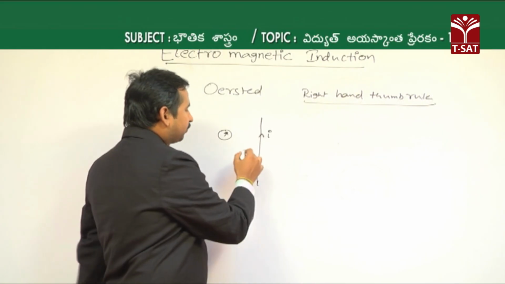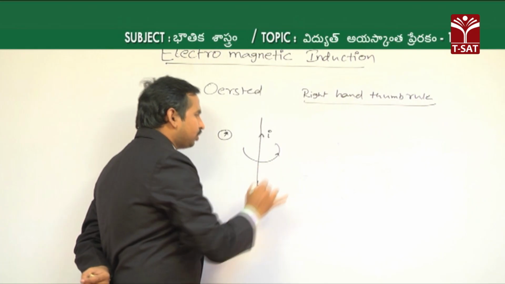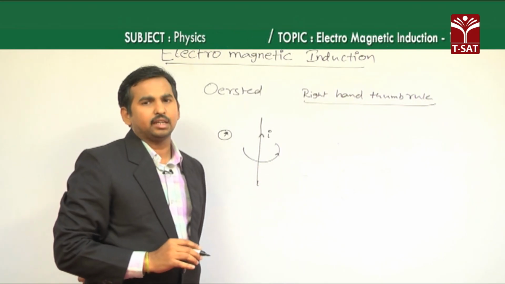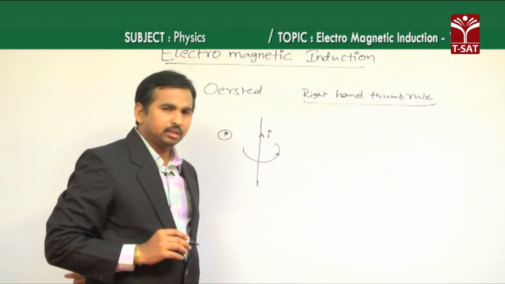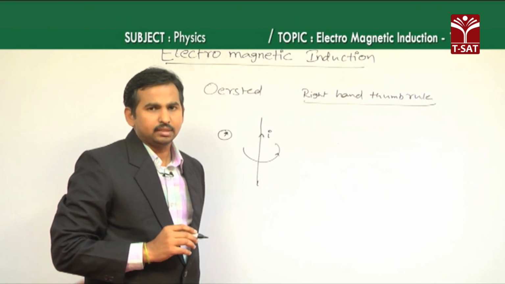The direction of the curling fingers gives you the direction of the magnetic lines of force around the current carrying wire. Okay, see that again.